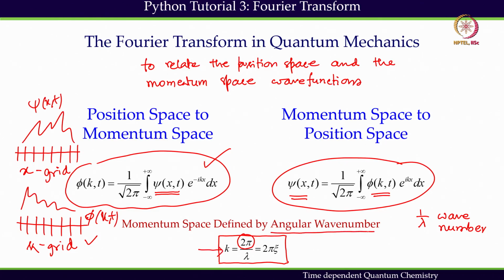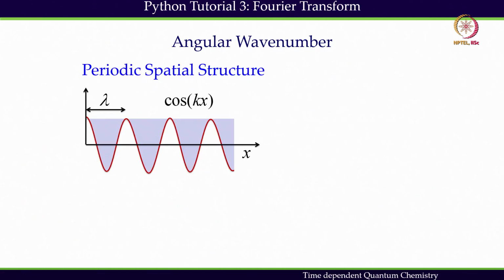So, the angular wave number represents the momentum space, which is nothing but 2 pi xi. Xi is the frequency component which we are presenting here. The meaning of these equations will be cleared in the next slide.